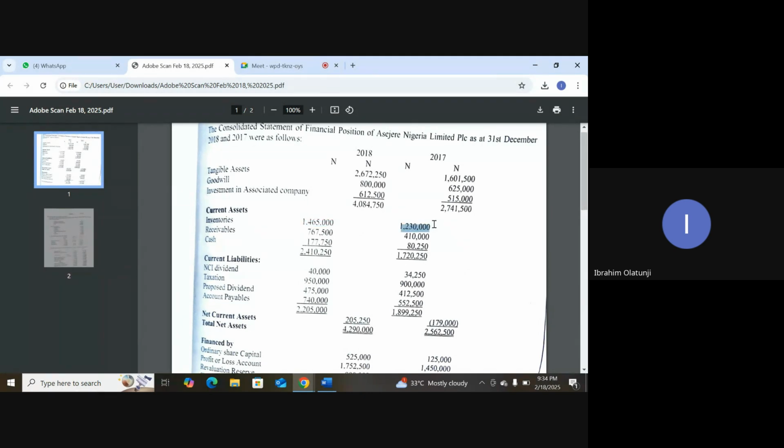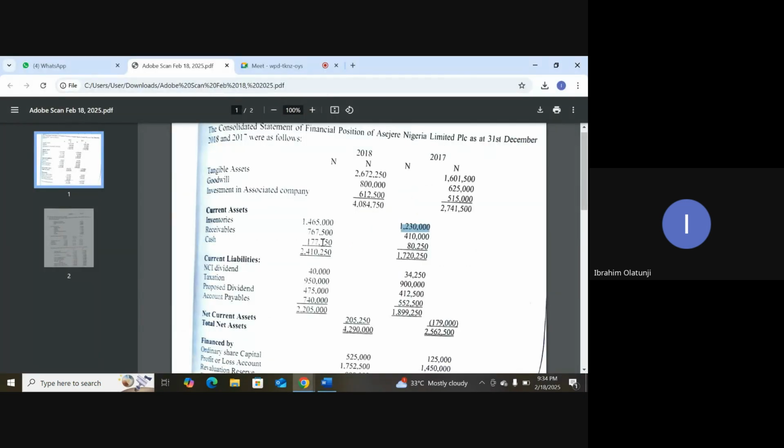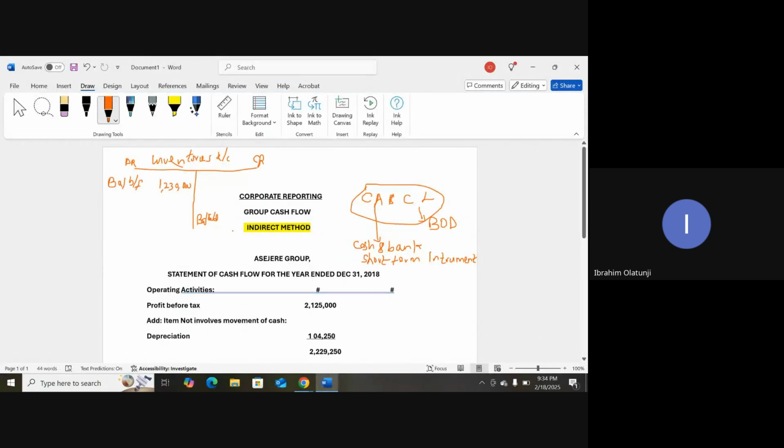How much? 1,230,000. Then I will now come here and say balance carried down, for 2018, 1,465,000.